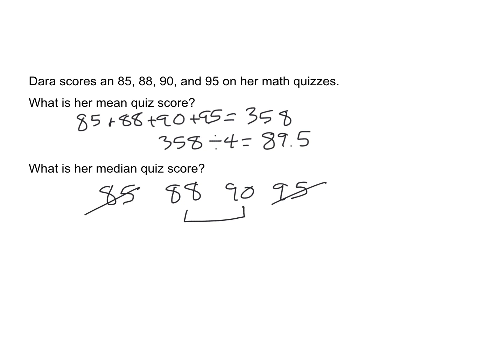You might be able to think about this on a number line, but we can also do 88 plus 90 equals 178, and then do 178 divided by 2. And that gets us to 89. So we can think, if we're counting 88, 89, 90, 89 is right in between.